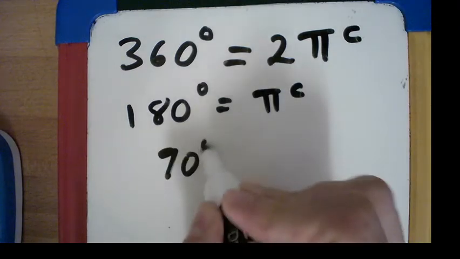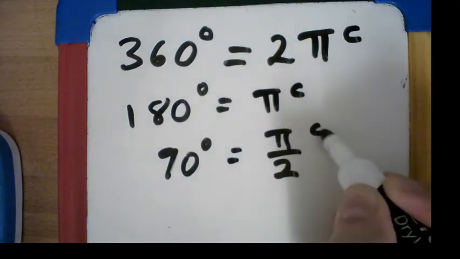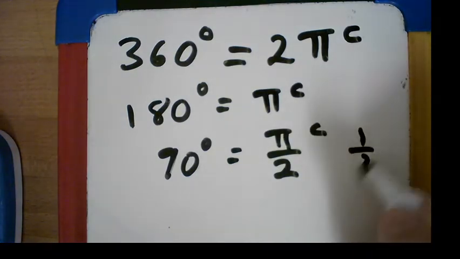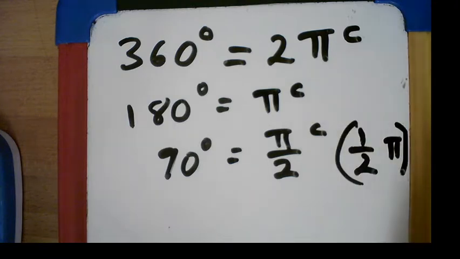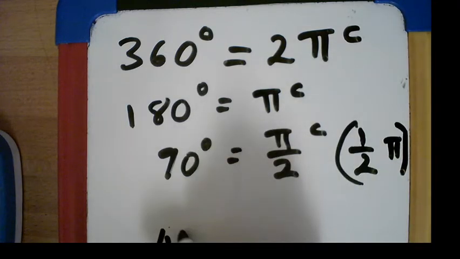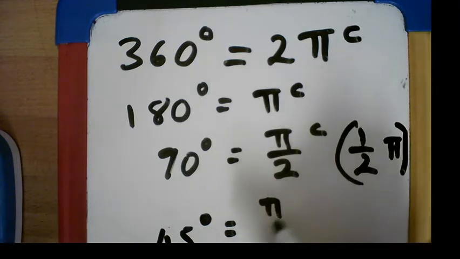90 degrees would be pi over 2 radians. Of course, if you prefer, you could write that as a half pi. Entirely up to you. 45 degrees would be half of that again, so it would be pi over 4 radians.